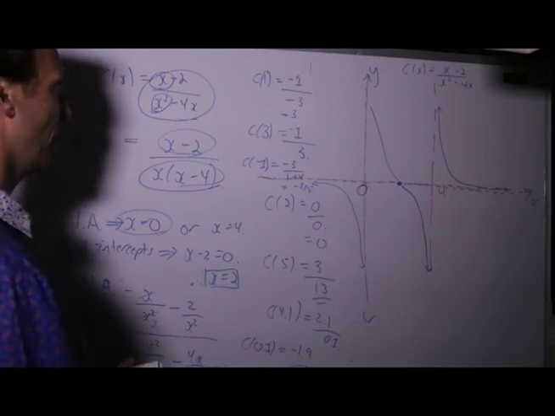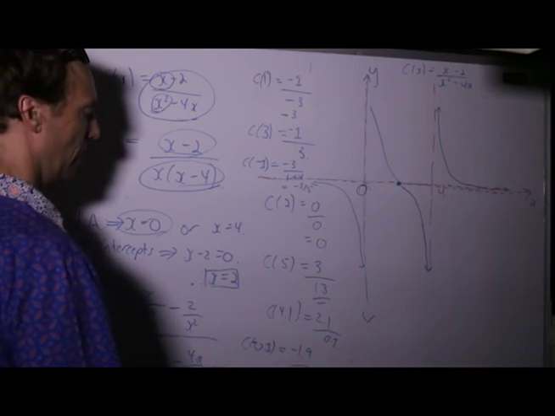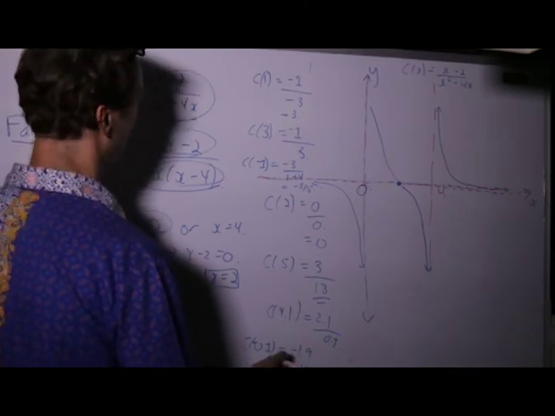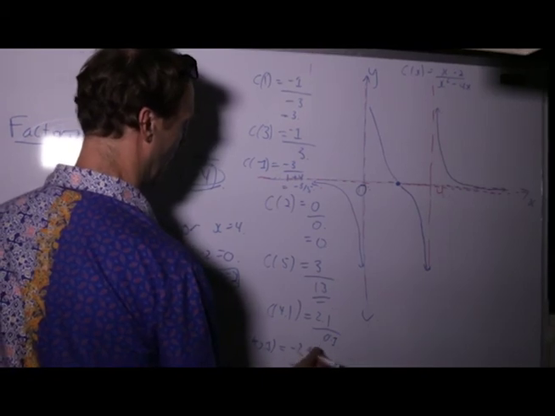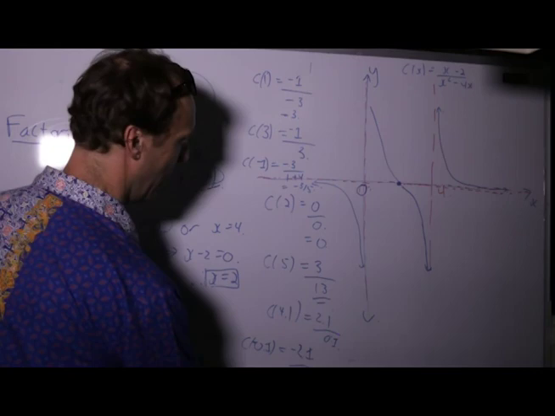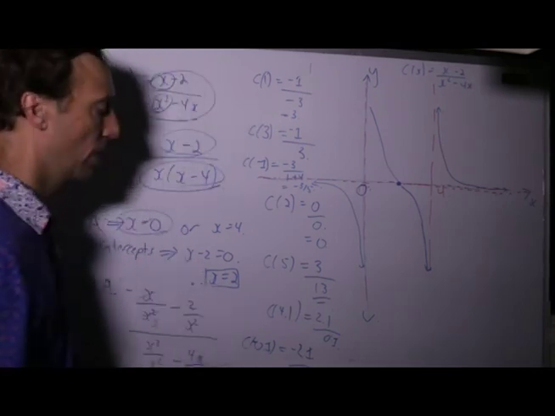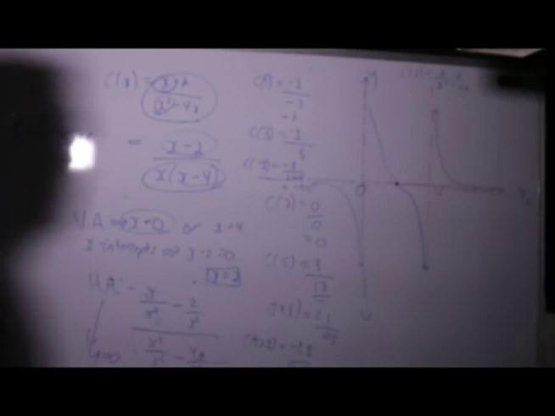For c of negative 0.1, you'll get approximately negative 2.1 on top, and the bottom will be about 0.01 plus 0.4, so around 0.4.